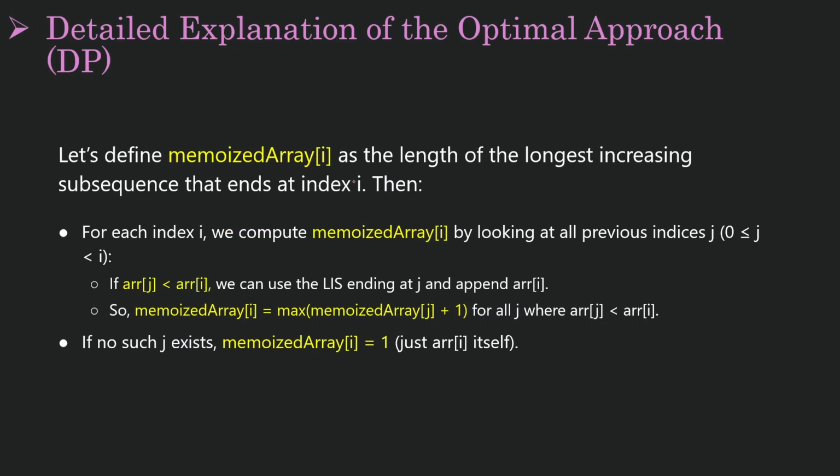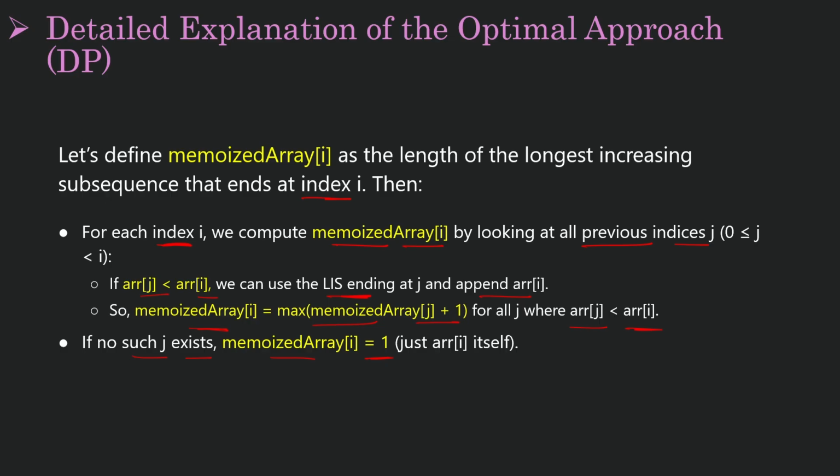Let's define memoized array at I as the length of the longest increasing subsequence that ends at index I. Then, for each index I, we compute memoized array at I by looking at all previous indices j, 0 is less than or equal to j, which is less than I, if array at j is less than array at I. We can use the LIS ending at j and append array at I. So, memoized array at I equals max of memoized array at j plus 1, for all j where array at j is less than array at I. If no such j exists, memoized array at I equals 1, just array at I itself.